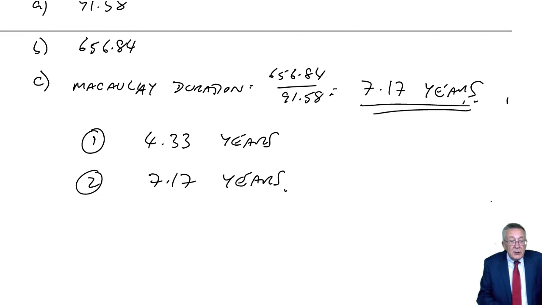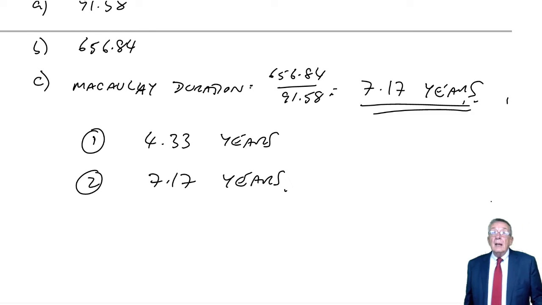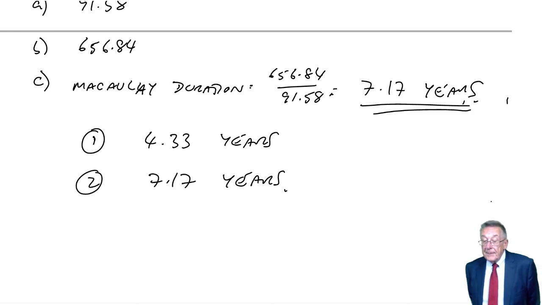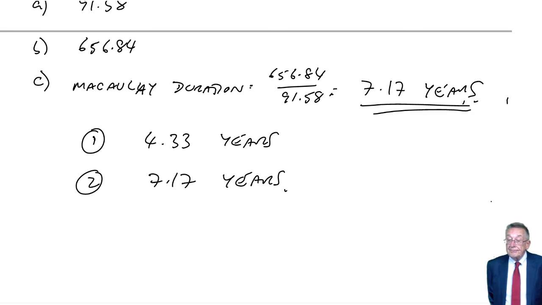We already knew that, we'd illustrated. But we know what current market values are, we know what current required returns are. If we work out the Macaulay duration, that gives us an indication of which is more risky, which is more sensitive. The one with the longer duration, so bond 2, is more sensitive.